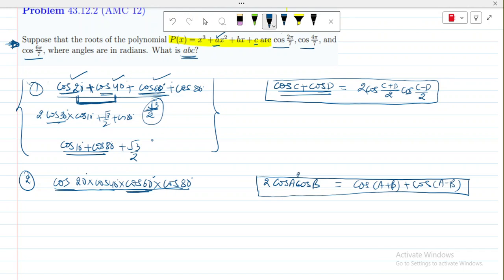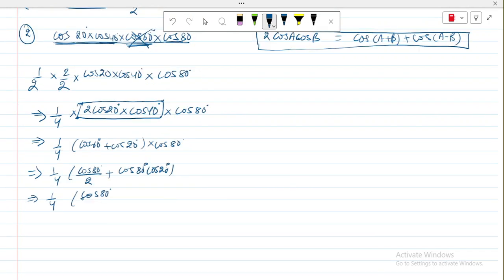So it becomes cos 80 upon 2 plus cos 80 into cos 20. Getting my point? Getting the idea? So it becomes 1 over 4. You multiply here 2 and 2, like that you can do.